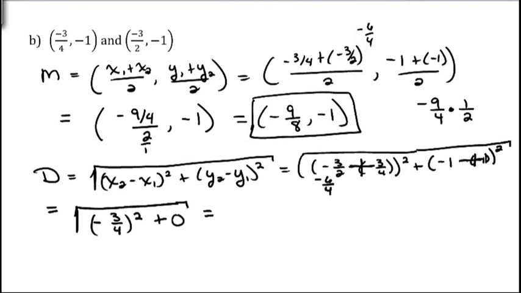Negative 3/4 squared is 9/16, and the square root of 9/16 is 3/4. So the distance between the 2 points is 3/4.